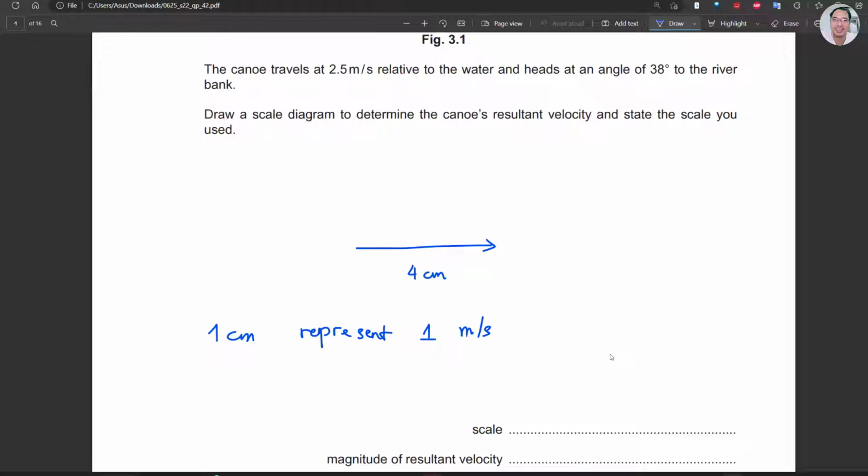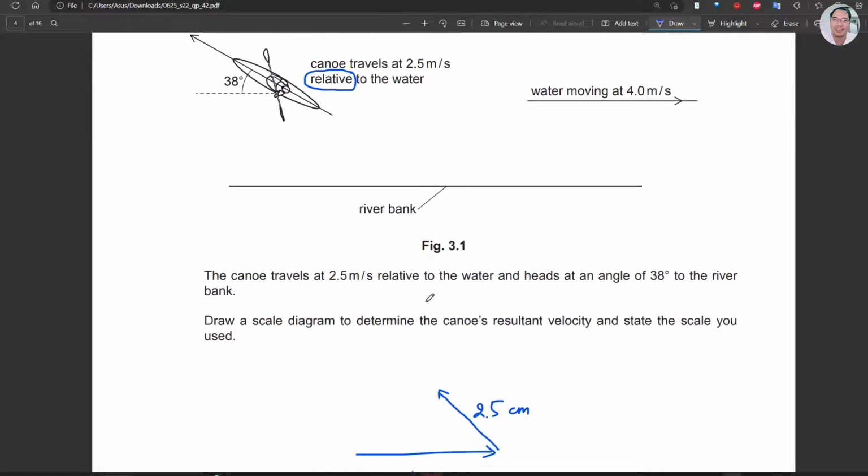And then the velocity of the canal boat relative to the water is 2.5 centimeter, making an angle of 38 degrees.